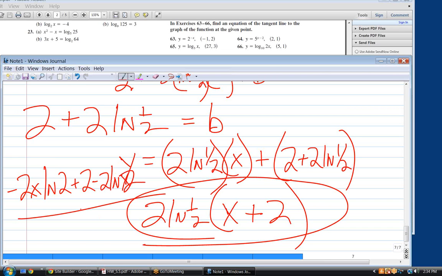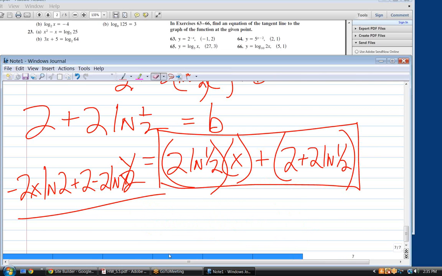Notice that that is almost identical to that. Let's erase what I simplified it to. Log of 1/2 is the same as minus natural log of 2. So this whole thing right here is the same as that.